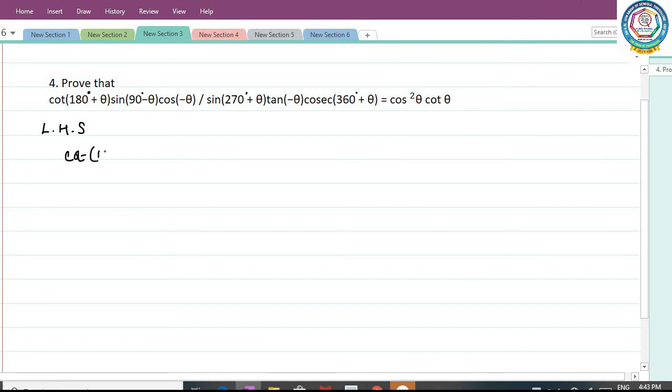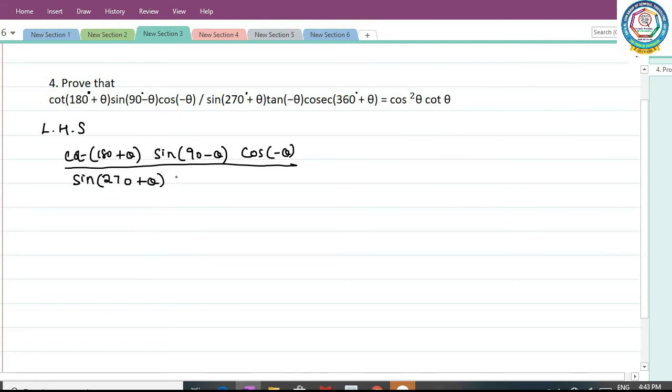Cot of 180 plus theta, then sine of 90 minus theta. Next one, cos of minus theta, divided by sine of 270 plus theta, then tan of minus theta, cosecant of 360 plus theta.